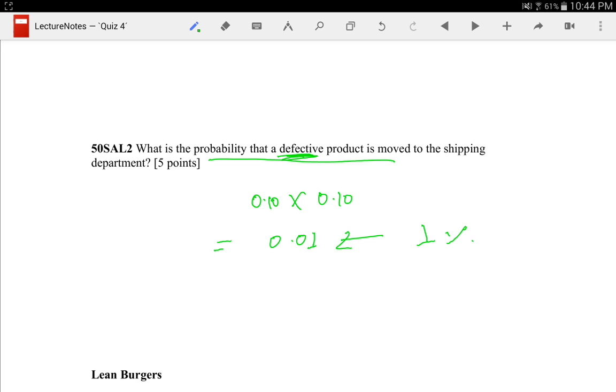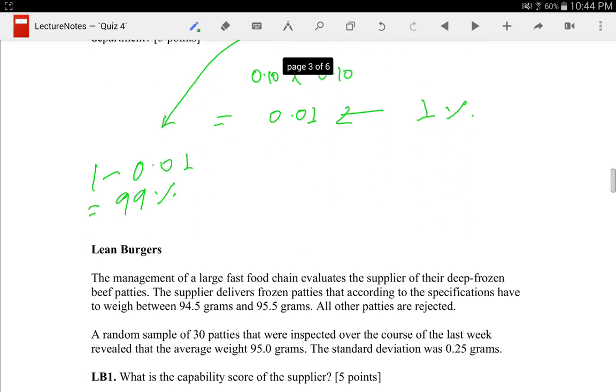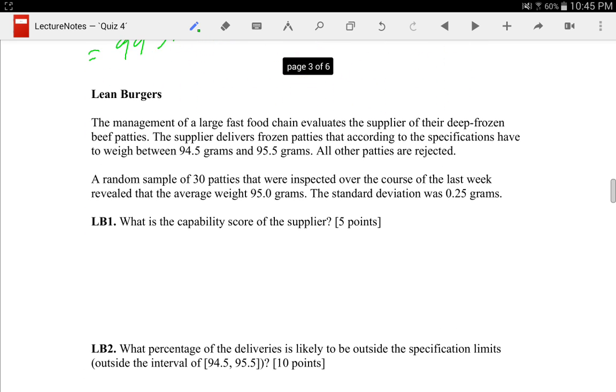So 1% is the answer. Had the question asked for the yield, we would have done 1 minus 0.01, and it would be 99%. Again, if it's a redundant process, you multiply the losses and subtract from 1 to get the yield. If it is a linear process, you multiply the yields to get the yield. That's the only thing you need to remember.